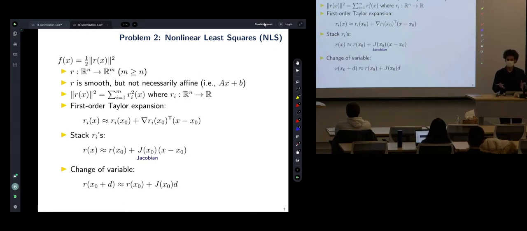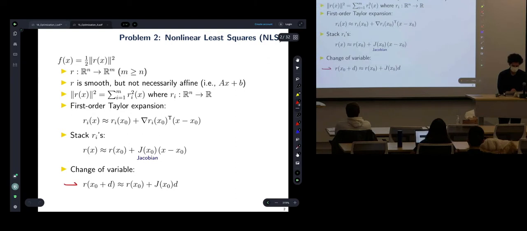Knowing how to solve the linear least squares problem, the Gauss-Newton algorithm was telling us to linearize around the current guess at the current iteration, and reconstruct an affine approximation of the nonlinear residual around the current guess, initially around x0.